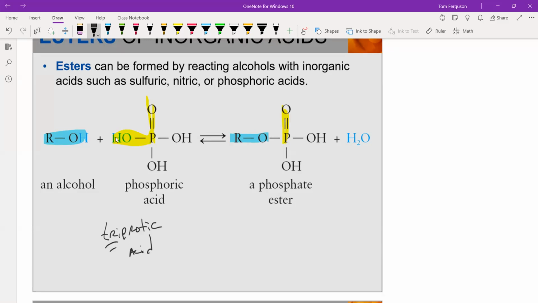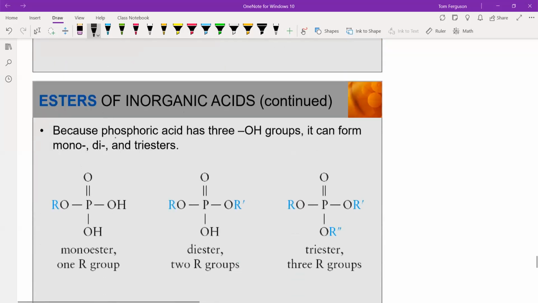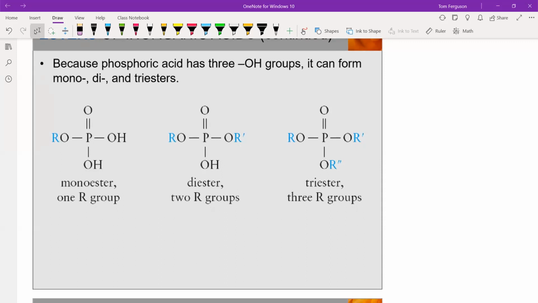Hence, it's got 3 OH groups. That means you can form esters with itself. Each one of the OHs can form an ester, and because we have 3 OH groups, we can form 3 esters. And the R's can be the same or different: R, R prime, R double prime.